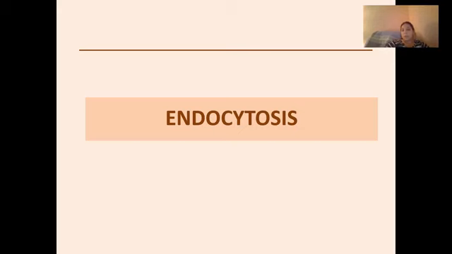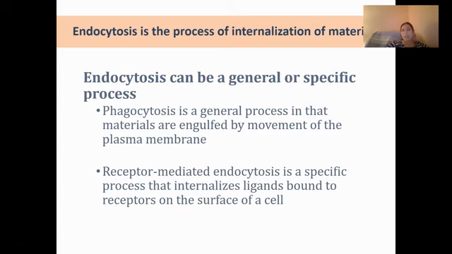Now, we're going to talk about a specific type of transport in our eukaryotic cells, which is called endocytosis. Endocytosis is the process of internalization of materials that can be taken in by the cells through either phagocytosis or through receptor-mediated endocytosis.